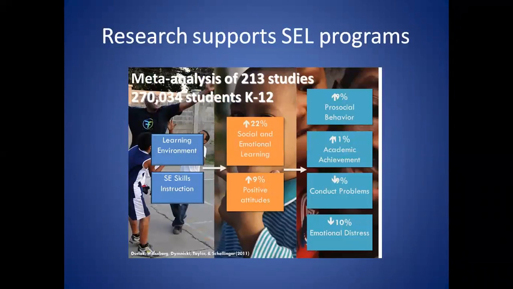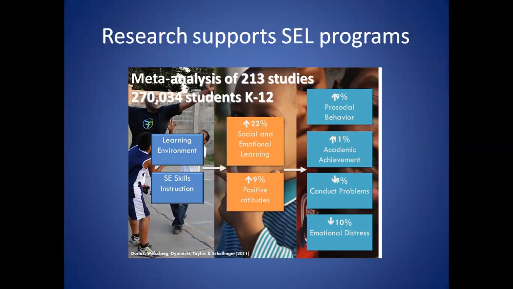And here's the study itself. This is what happened with the 270,034 K through 12 students, when these programs were used in the schools along with skills instruction, in other words, I'll show you in a moment how you can do this yourself.